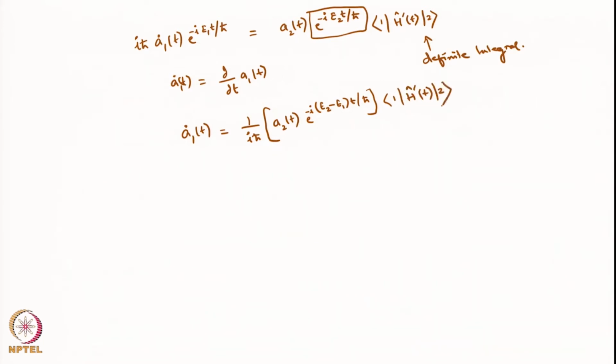Of course, we can write E2 minus E1 is equal to delta E21, which is equal to h bar omega 21.